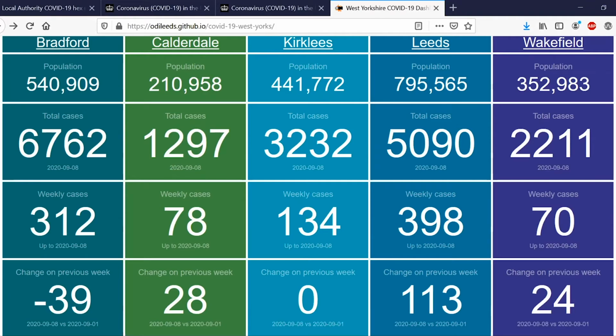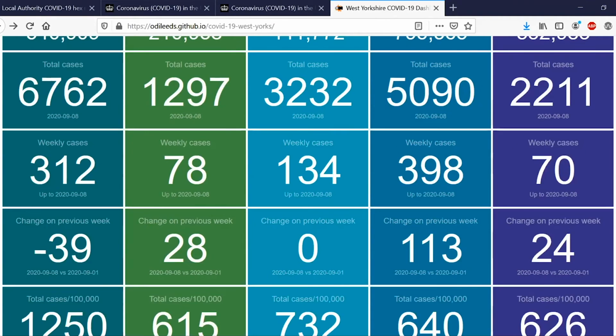Just in the last 6 months or so, sometimes some local authorities have missed days of data, and so I'm making sure to put the date so that you know what it refers to. I'm calculating weekly cases, and Paul, I think, has had a discussion with Bradford Council because they have a dashboard as well. They're calculating weekly cases in a different way. I, perhaps naively, think most people assume that weekly cases is a 7-day total.